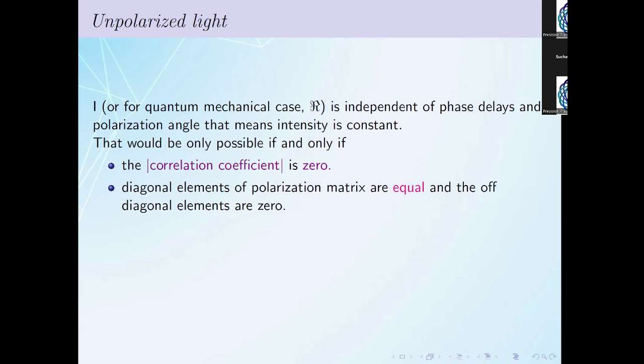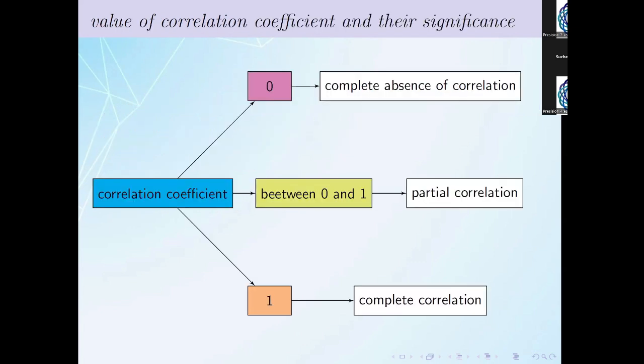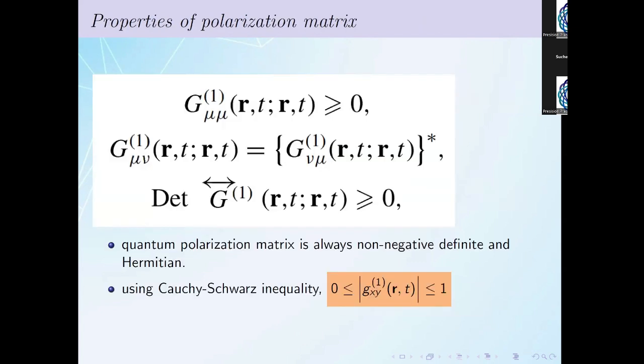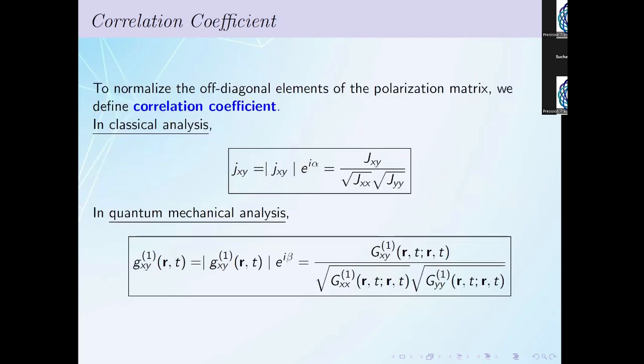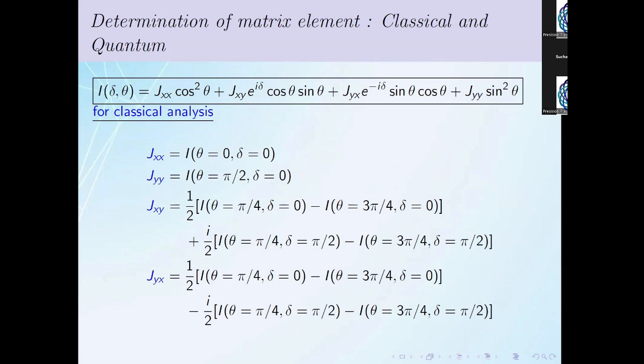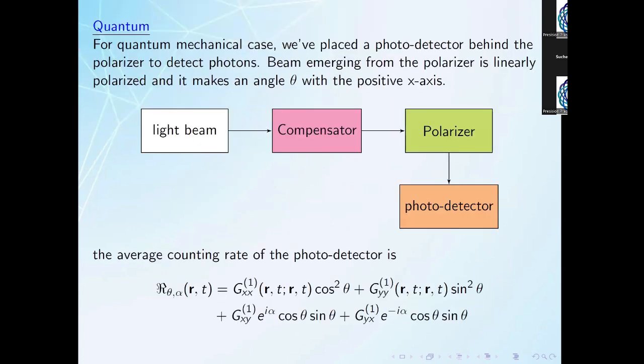Any more questions? What is the use of the compensator between the source and the detector? Oh, it creates the phase delay between the two components. Is there any effect if we don't use it? If the orthogonal components, then, no, I don't think so.